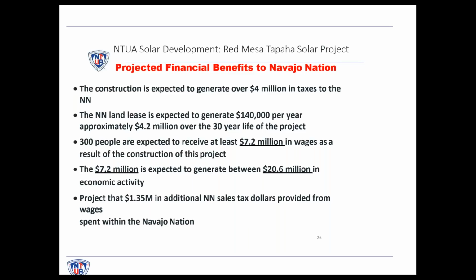The $7.2 million in wages will generate over 20 million in economic activity in that area, and that's substantial because I can't emphasize enough how remote these areas are and how that revenue is significant to the folks in those areas. And again, 1.35 million in additional sales tax dollars from the wages just from that particular project. Next slide.